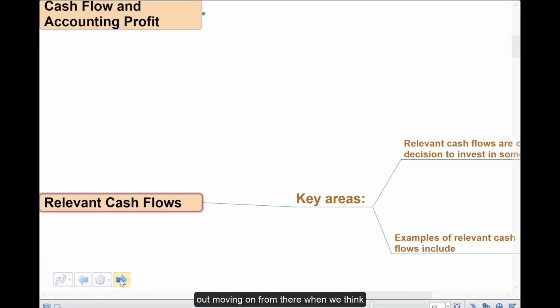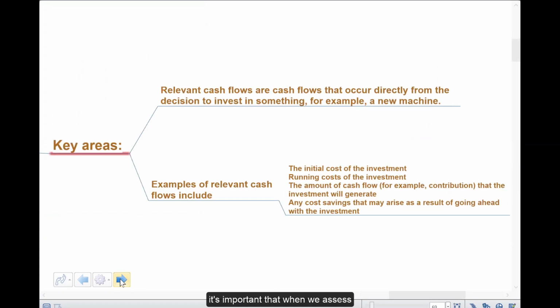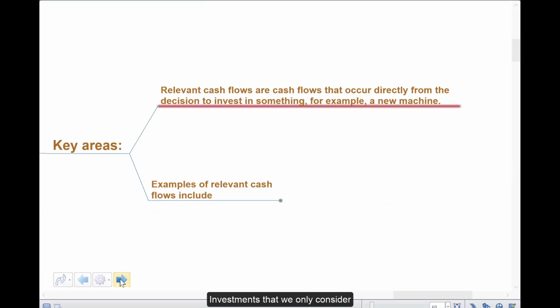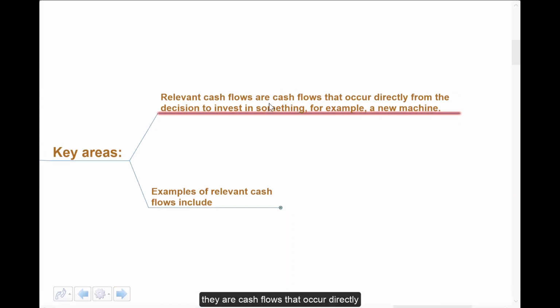Moving on from there, when we think about relevant cash flows, it's important that when we assess investments that we only consider relevant cash flows. What are they? Well, they are cash flows that occur directly from the decision to invest in something. For example, a new machine costs $10,000.